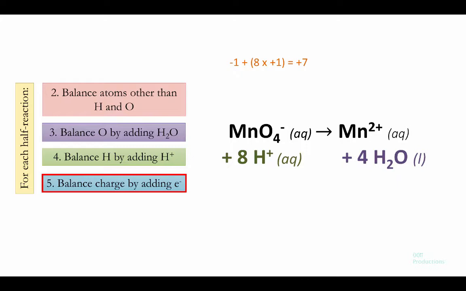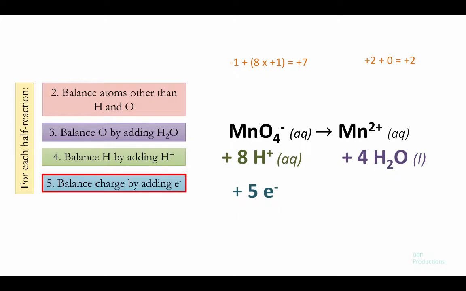On the right side, the product side, we have +2 from the manganese 2+, and we have a bunch of neutral water molecules, so our overall charge is +2. Now, we need to balance this charge by adding electrons. Remember, we always add electrons to the side with a higher charge, so we're going to add 5 electrons.